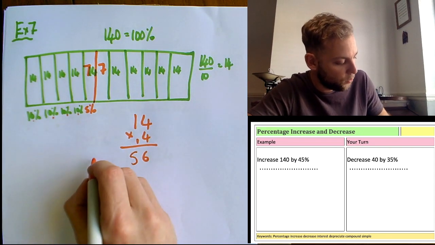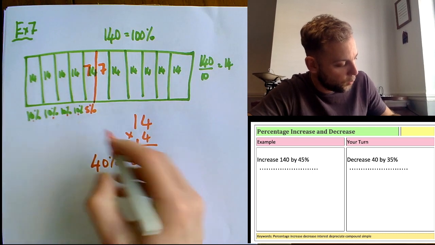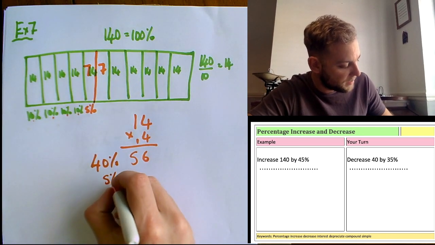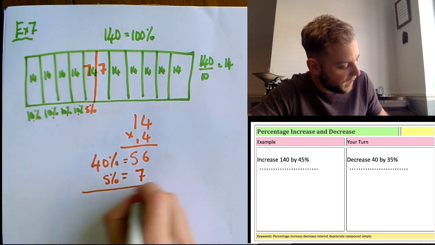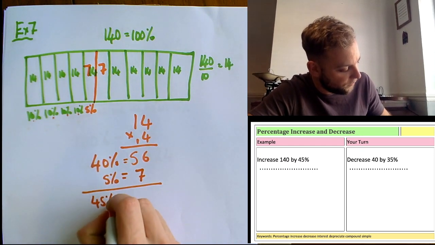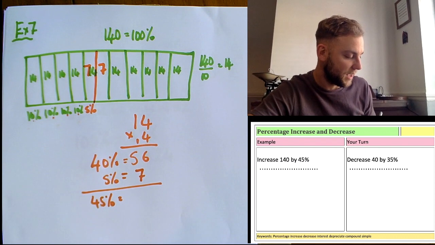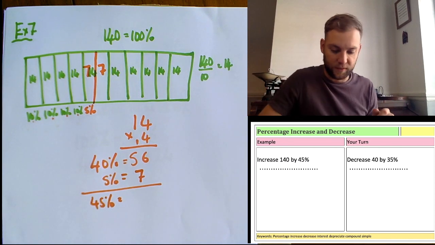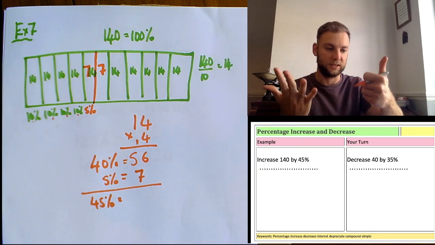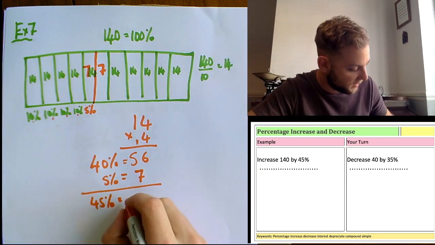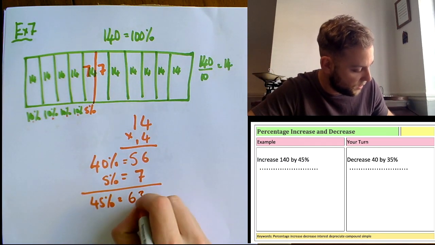But remember, this is only worth 40%. We've also got to add on that 5%, which is equal to the 7. Add those together, we get 45%, so 56 plus 7 is 56, 57, 58, 59, 60, 61, 62, 63. So that there is 63.